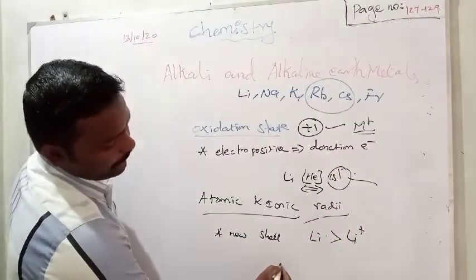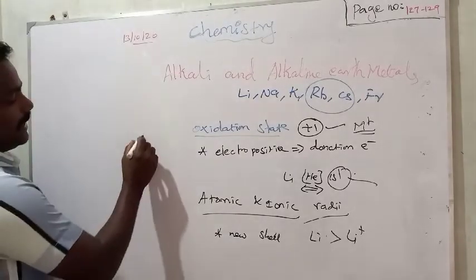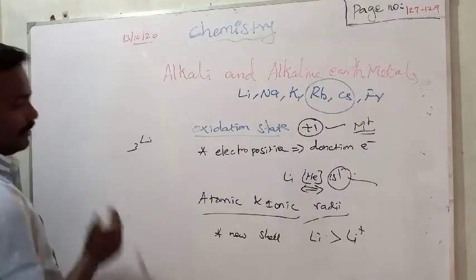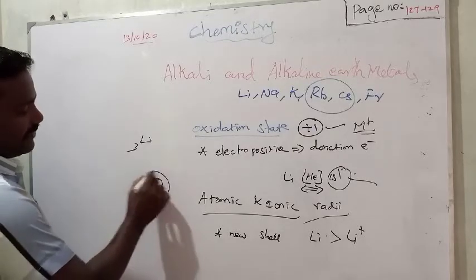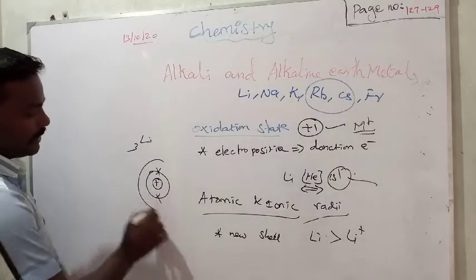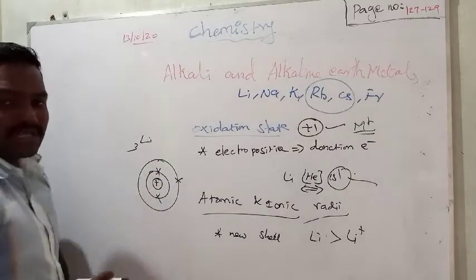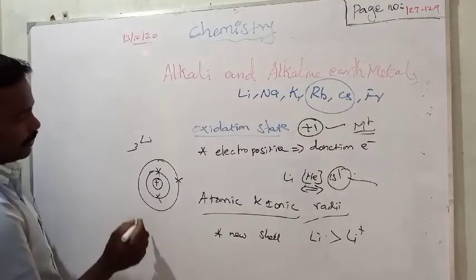How? Lithium. How do you draw the electronic structure? For lithium, atomic number 3. 3 means how do you write? Valence shell diagram. Nucleus. Then in the inner shell we have 2 electrons. The outer shell only 1 electron. Listen, this is the size of lithium. If you draw for lithium plus, how do you write?